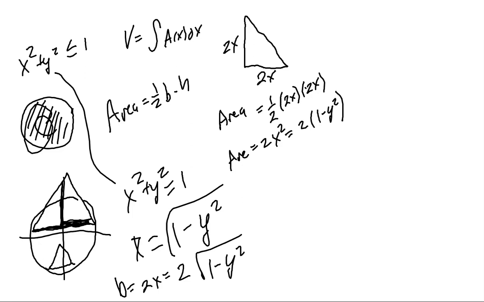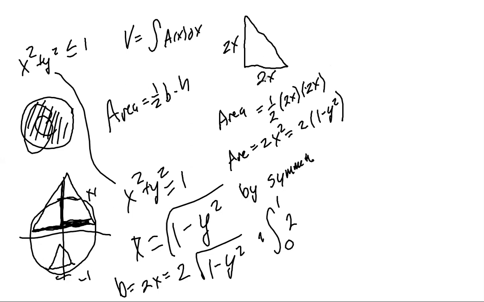Now, because this is symmetric, our bounds of integration, we don't need to go from -1 to 1 in terms of y. We can just do half of that. So by symmetry, our integral can be twice the integral from 0 to 1 of the area. Now, this is the area of this object.